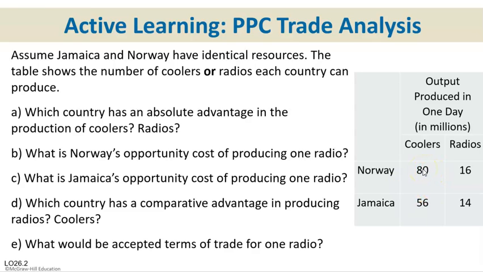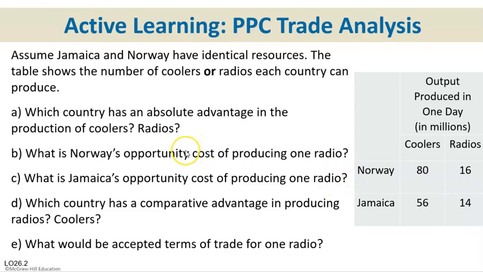So Norway has absolute advantage in production of coolers. What about radios? Take a look at radios. Norway can produce 16. Jamaica can produce 14. So Norway can produce more. So Norway has absolute advantage in the production of radios also. So in this case, Norway can produce more coolers and more radios.